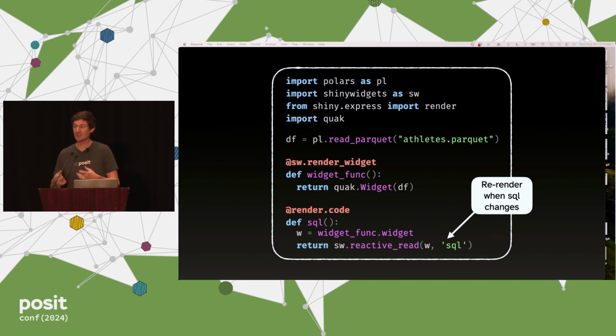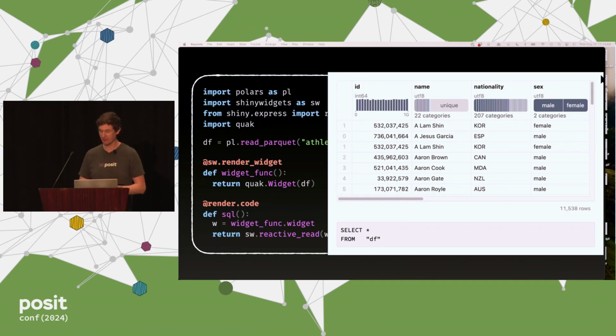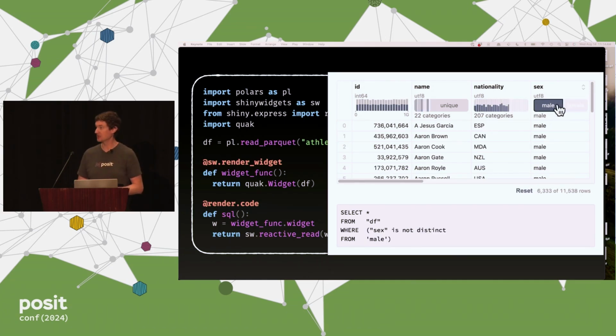And we can do this in a reactive sense, where if we use this reactive read function to read the sql attribute, we're doing this in a reactive way that tells Shiny, hey, whenever this attribute changes, please invalidate the reactive context and re-render the code block when sql changes. So now we have this Shiny app that we're looking for, where the user can come in and drill down, and the SQL will update to reflect the changes in state.